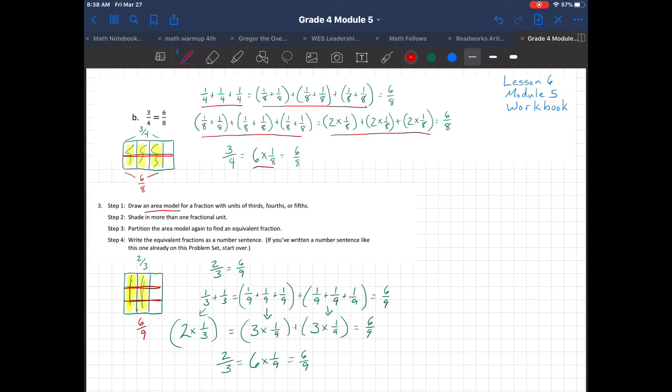And again, 2/3 is right there. Here's my 6/9. I didn't rewrite the addition sentence this time, but the 3 times 1/9 represents these 3/9. I did do a multiplication sentence for my thirds this time, though. 2 times a third is the same as the 1/3 plus 1/3. 2/3 is the same as 6 times a ninth equals 6/9.